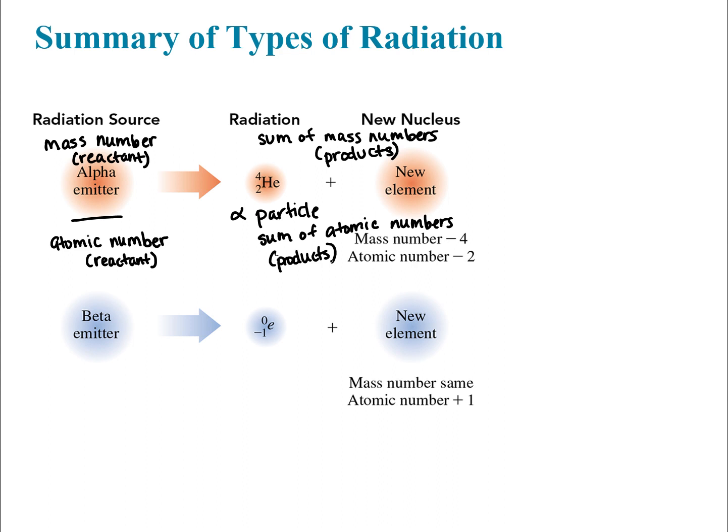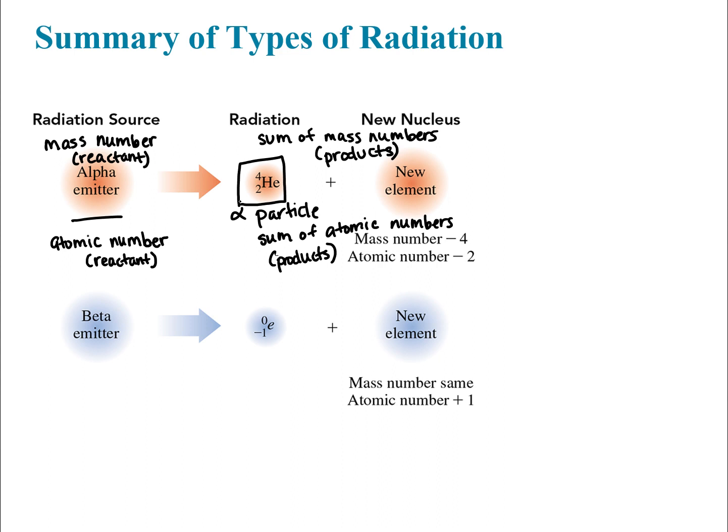So if I were to give you a problem that said a particular element was an alpha emitter, and I asked you for what the new element was, you would have to supply this information so that you could actually balance the equation. That's why I am imploring you to know these symbols, know their names, and know the symbols.